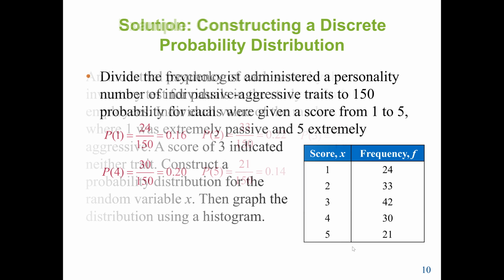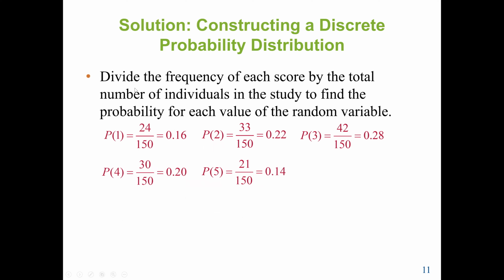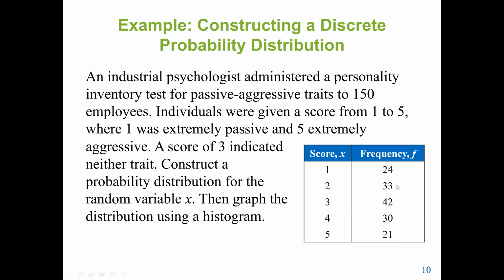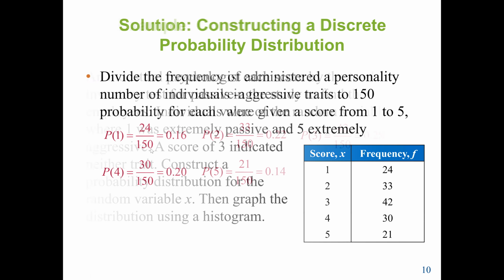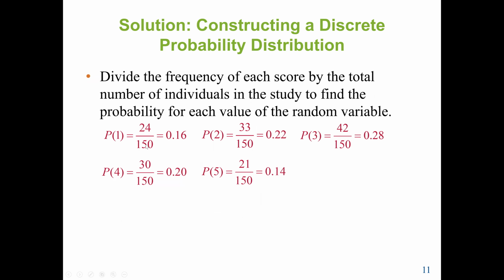So let's start. The first thing, as we said, we divide the frequency of each score by the total number of individuals in the study to find the probability for each value of the random variable. So if we add 24, 33, 42, 30, and 21, we should get 150. Now we divide 24 by 150. That's the probability of score 1.